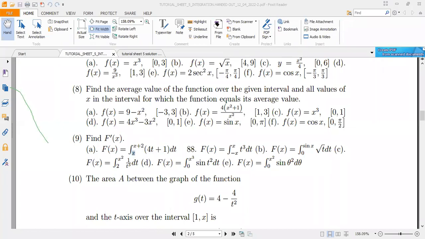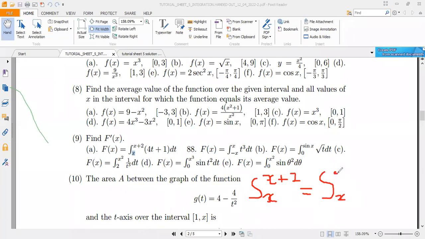Okay, let me try to draw it again. I'm saying that the integral of this guy, from x to x plus 2, is the same as we're integrating from x.